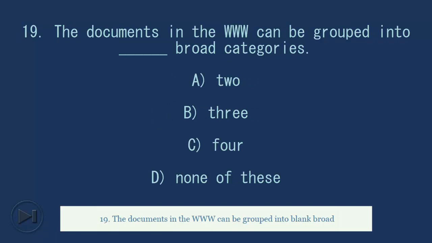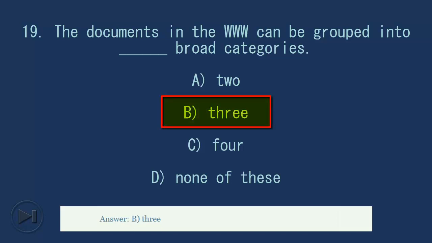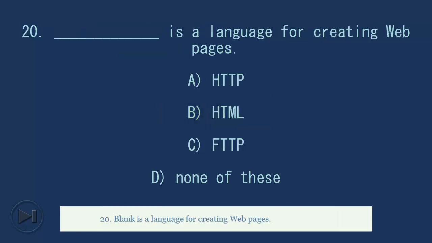19. The documents in the WWW can be grouped into blank broad categories. A. 2. B. 3. C. 4. D. None of these. Answer: B. 3. 20. Blank is a language for creating web pages. A. HTTP. B. HTML. C. FTTP. D. None of these.